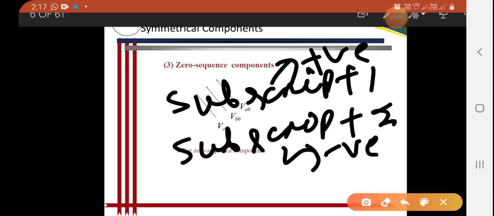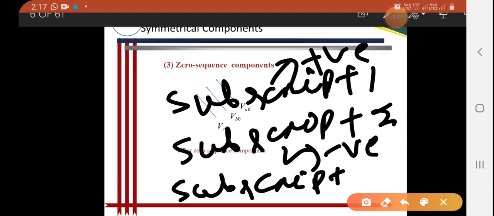And for the zero sequence component, the subscript will be 0.